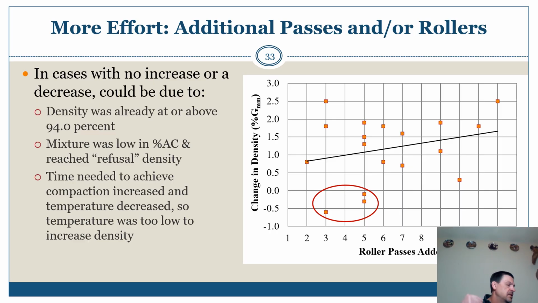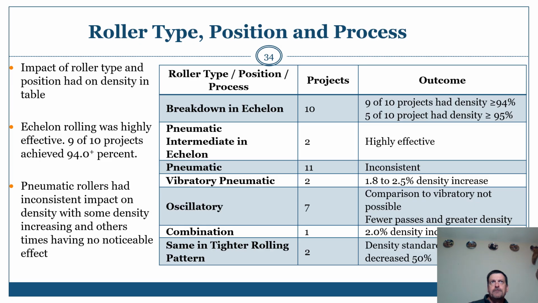Good aggregates, they just lock up and don't go any further. And then another potential, especially at the really high number of passes, because it took additional time to apply those passes, the mat could be cooling, and as the mat cooled and the mix stiffened, no additional gain may have been realized. So those are potential reasons explaining those.